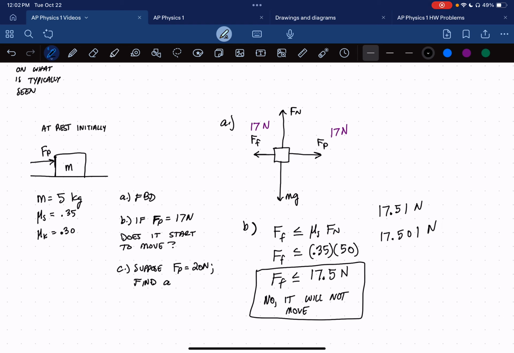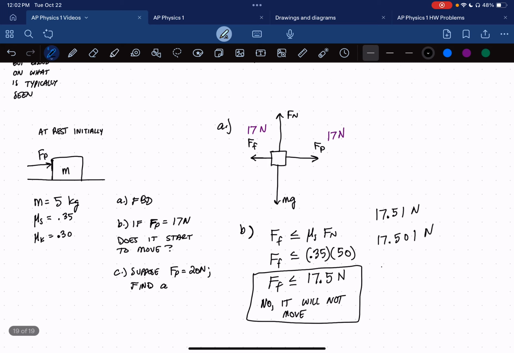And so, theoretically, anything greater than the 17.5 will exceed that static friction, and then the object will begin to accelerate. What if we push with 17.4999 newtons of force? Well, again, by the calculation, no, it will not. So it's less than this amount. If we push with this amount of force, the static friction force can still meet that. So according to the calculation, no, it will not move.